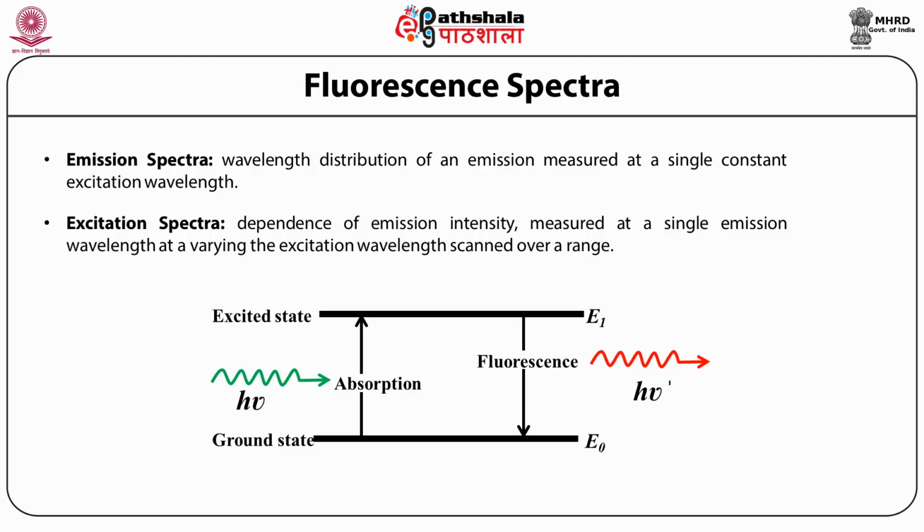Emission spectra recorded using different instruments can be different because of the wavelength dependent sensitivity of the instruments. The excitation spectrum is the dependence of emission intensity, measured at a single emission wavelength, on the excitation wavelength scanned over a range. This represents the relative emission of the fluorophore at each excitation wavelength.